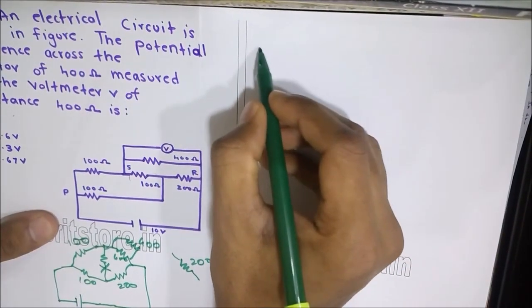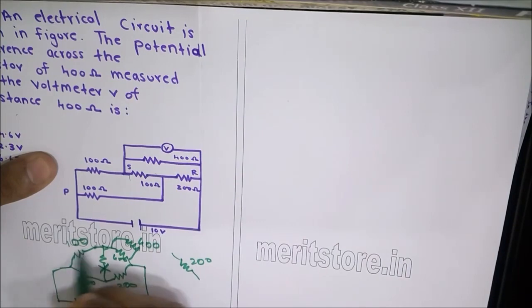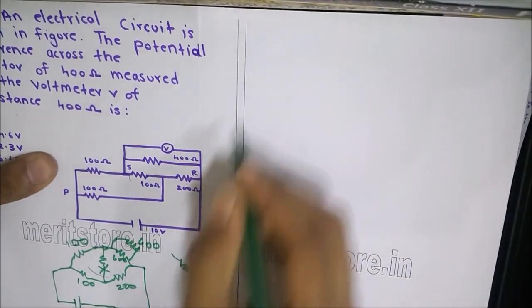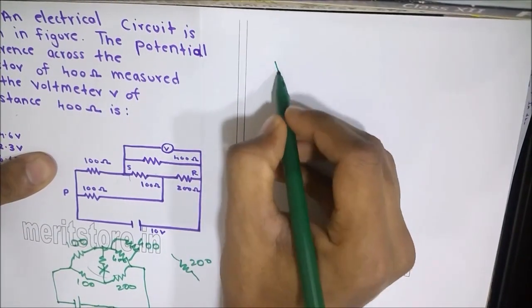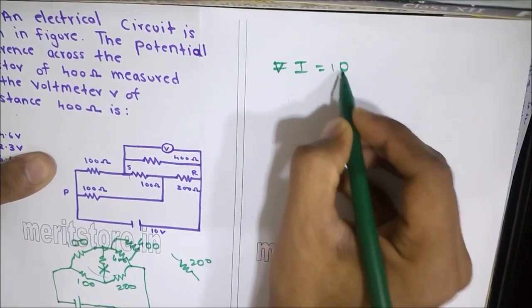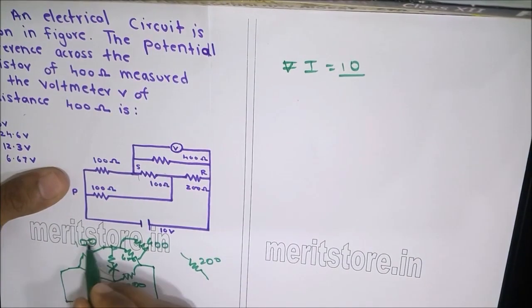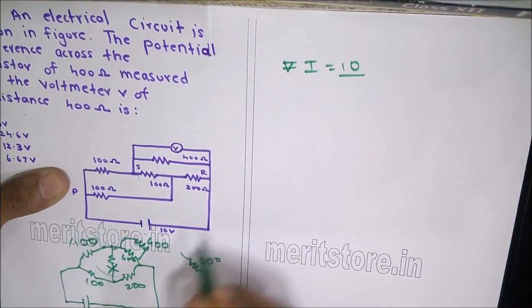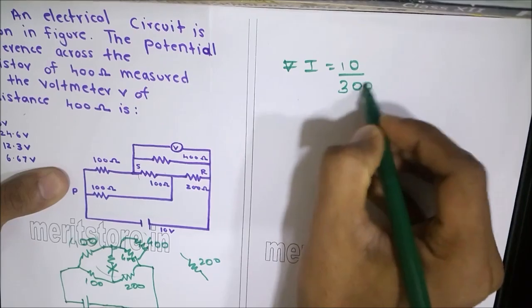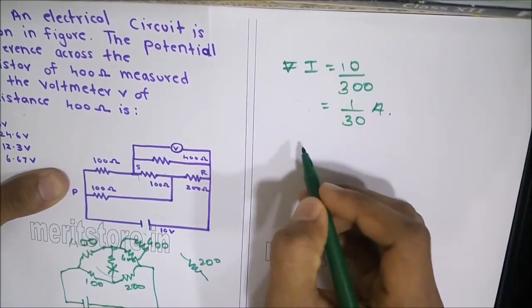Since the bridge is balanced, the current flowing through each arm will be calculated as I equals 10 upon the effective resistance of each arm, that is 100 plus 200, which is 300. So the current flowing through each arm is 1 by 30 amperes.